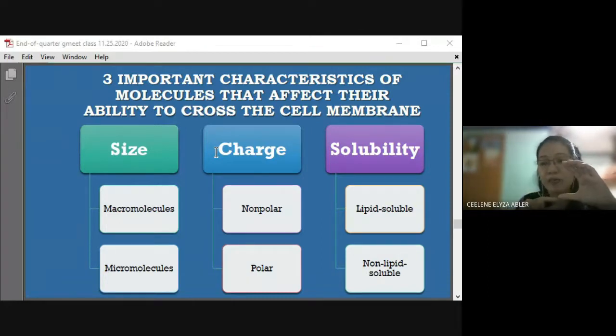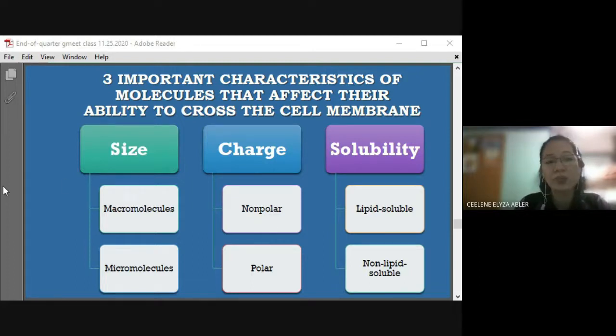The ones that are facing the intracellular and the extracellular space of the cell. So, medyo picky siya sa mga ganito. Gusto niya yung madali, yung medyo shoot lang down. So, mas madaling makapasok si non-polar substance kaysa sa polar substances.